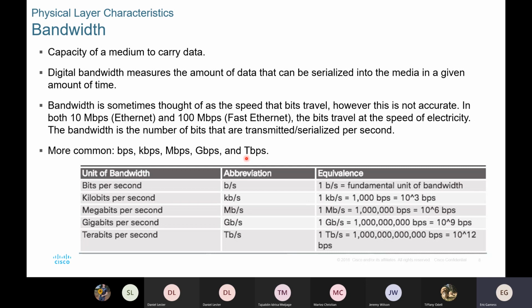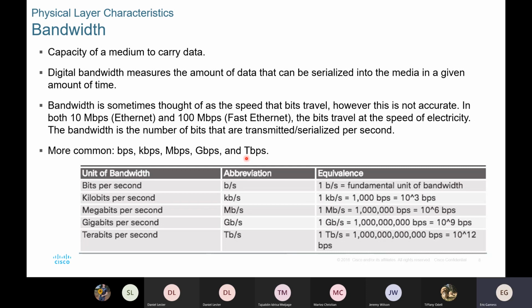So at the beginning, for many people, when they listen, for example, 100 Mbps, 100 megabit per second, they think it's the speed of the signal into the medium. In fact, it is not the speed of the signal into the medium. It is the number of bits that you can serialize and insert into the medium per second.